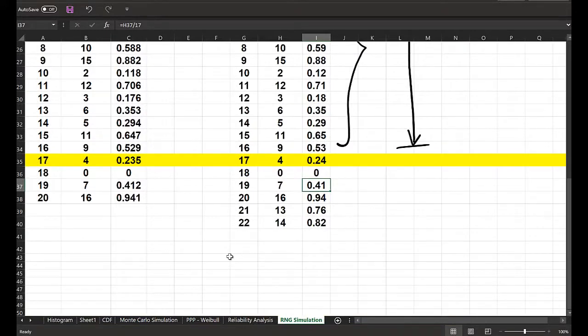Almost all computer programming languages have some function that is used to generate a random number between 0 and 1. For example, in Excel we have the rand function. If you want to generate normally distributed numbers, then we have another function.